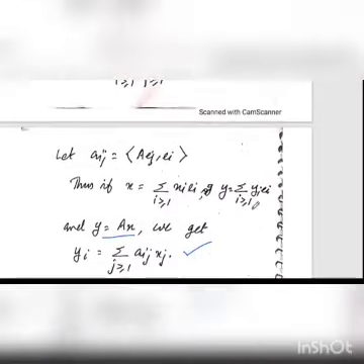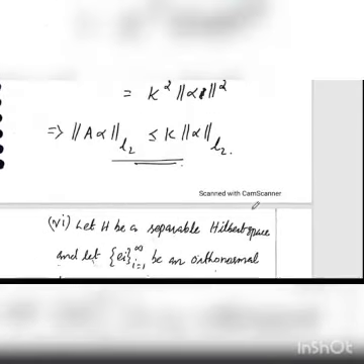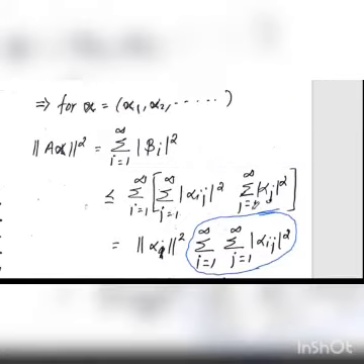That means Ax cannot be applicable here since this condition is not given. What is it? Yes, this condition, k squared into alpha squared. This condition is not given in the last exercise. So this is not true.